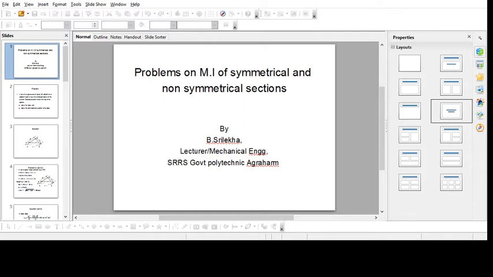By making use of it, we found the moment of inertia of each section along the x-axis and y-axis, that is Ix1, Ix2, Ix3, and likewise about the y-axis, Iy1, Iy2, Iy3 and so on.